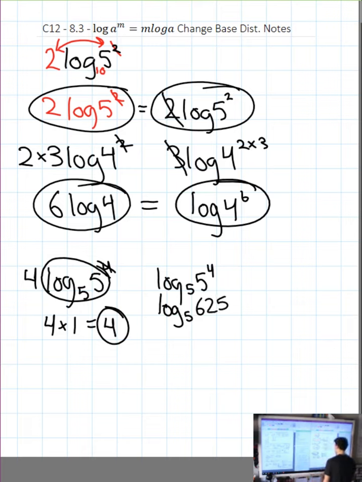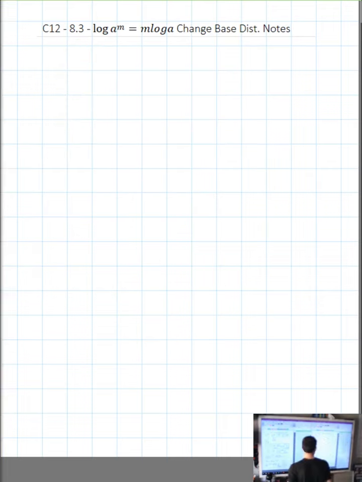Now, what power do I have to raise 5 to equal 625? 4. My answer is 4. So we need to be able to use these rules all the time. Bring the exponent down in front, bring the coefficient up. Now we'll take a look at some interesting things that we can and cannot do.